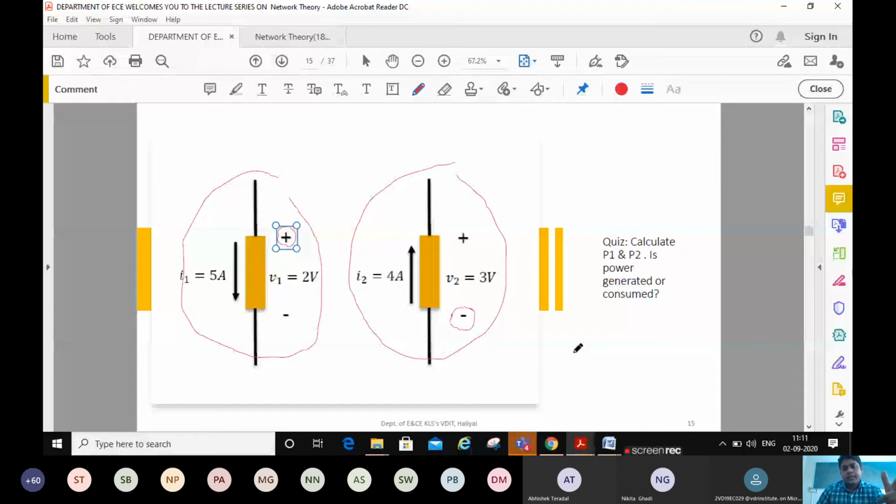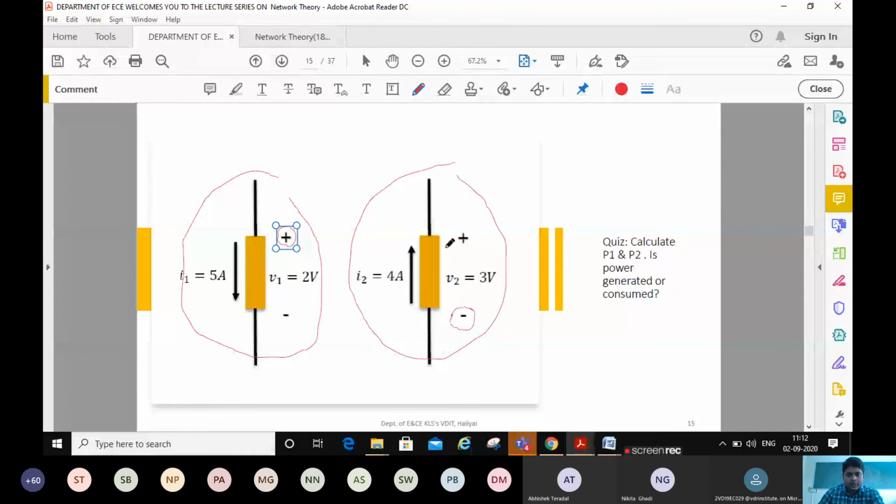If the current is leaving the positive terminal, or entering the negative terminal, the current is considered negative. The voltage is considered negative only if they specify it as minus 3 or minus 2. Here it is already a positive voltage.